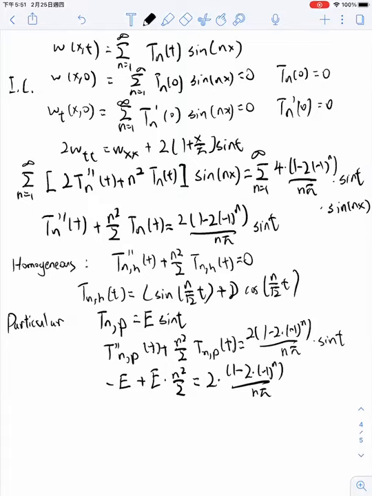And then you get the E, which is equal to this.